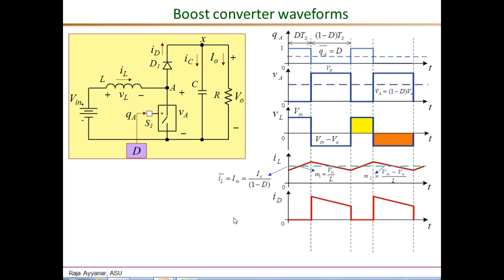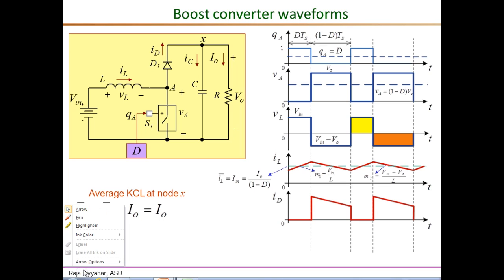What is its average value? To get the average value, we can apply the average KCL at the node that I've defined as x. At this node, the average KCL would be ID bar equals IC bar plus Io bar, or simply Io because it is a DC quantity using our small ripple approximation.